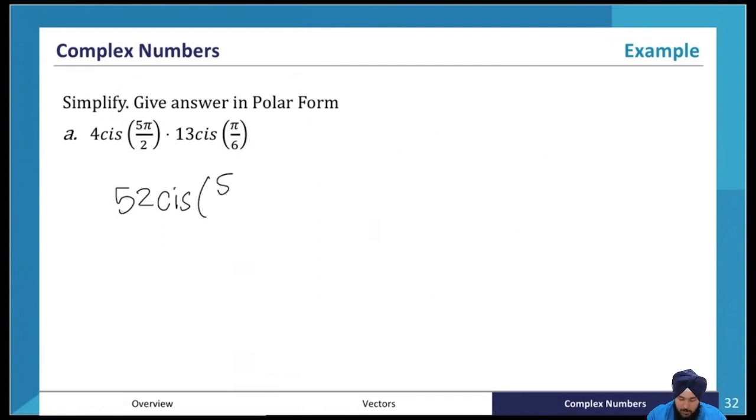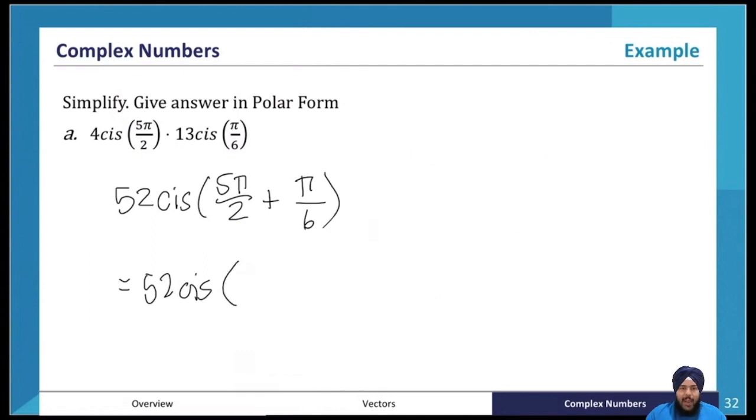So 5 pi over 2 plus pi over 6 will give us our new angle. If you're not asked to leave your answer in a particular form, you can just leave it in whatever form is convenient for you. In this case, it will probably just be polar form, because we're doing it in polar form. Adding 5 pi over 2 and pi over 6 gives 16 pi on 6.